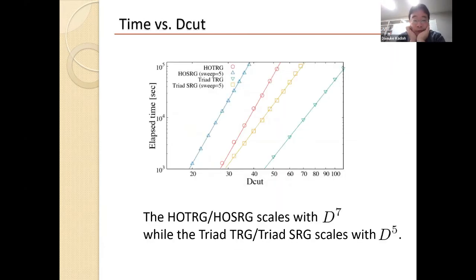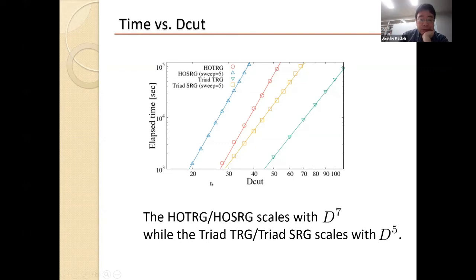However, this figure shows the D-cut dependence of the real computational time, and the x-axis is D-cut.